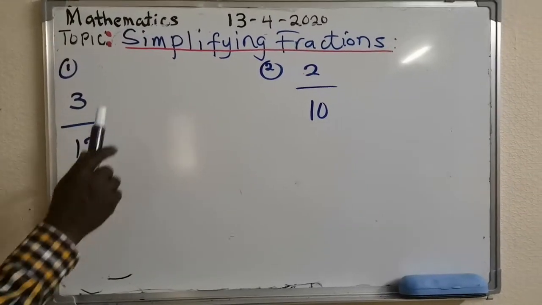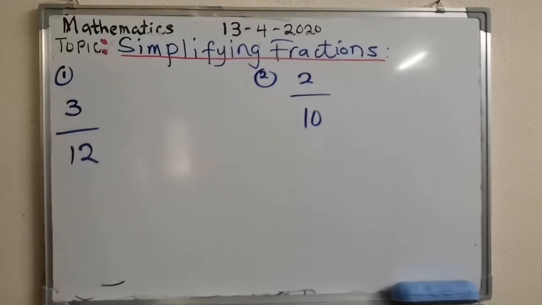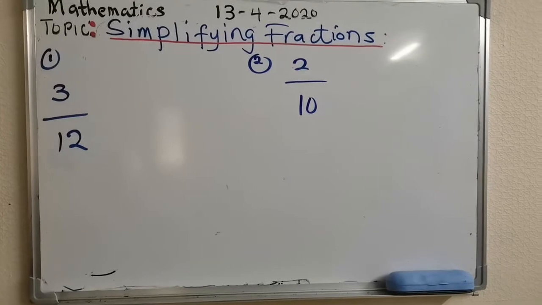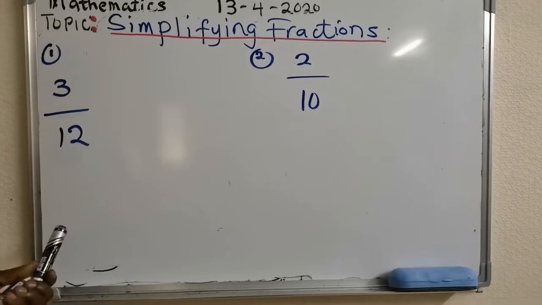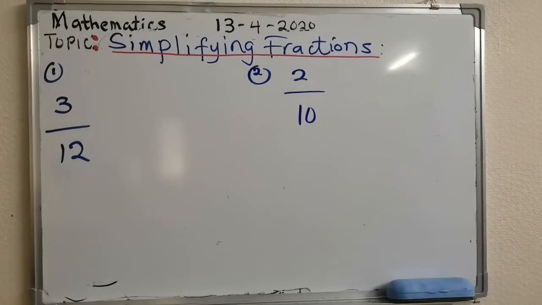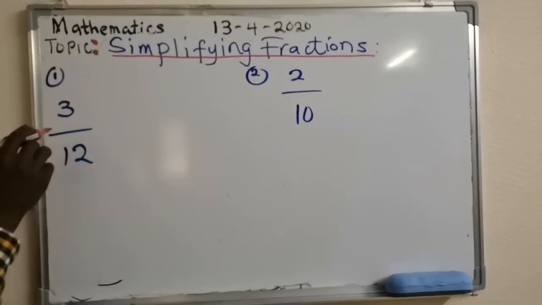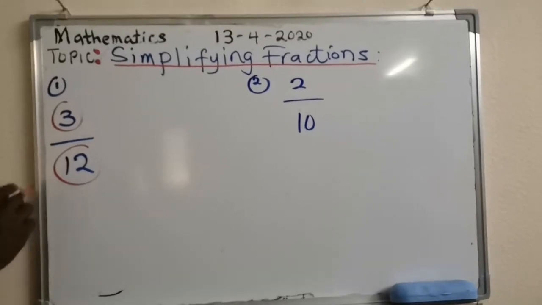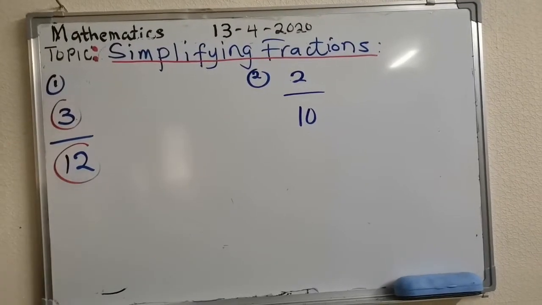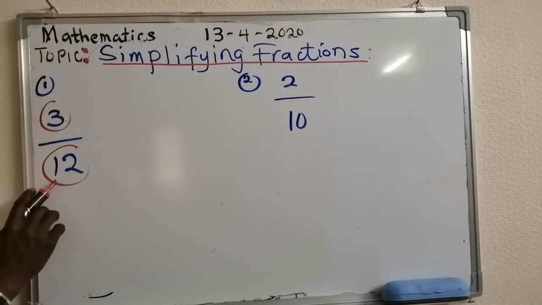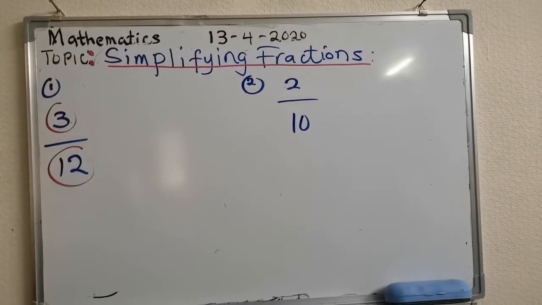So remember that simplifying fractions means reducing the fractions to their simplest terms. Let's try another example. We have 3 over 12. The first thing is you have to look at the numerator and then the denominator. Check whether the numerator can divide the denominator. This is 3 and we have 12, so it's possible, 3 can divide 12.